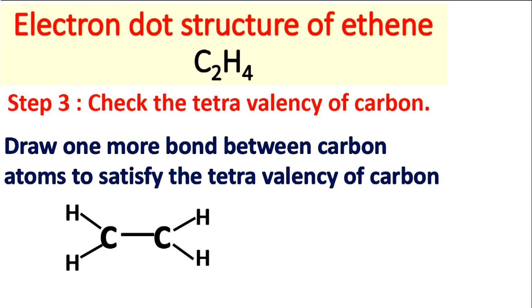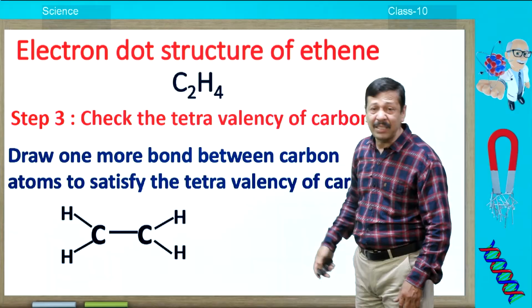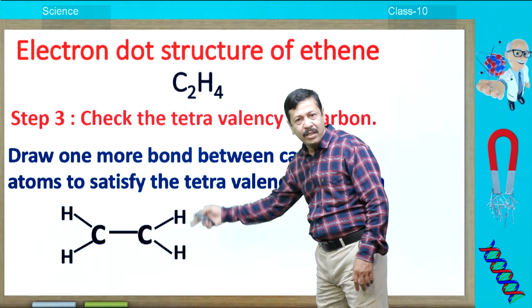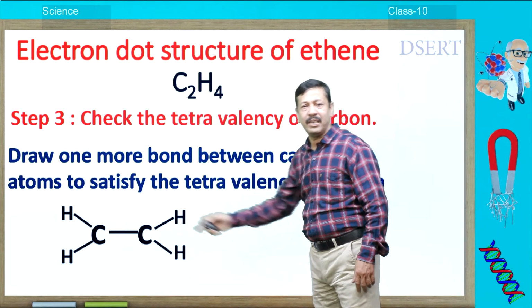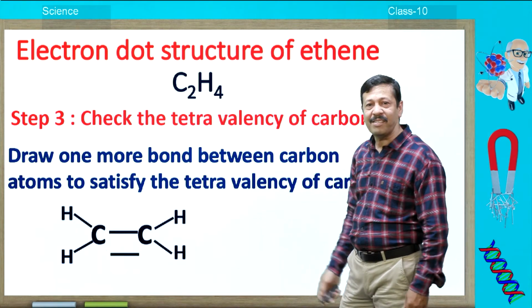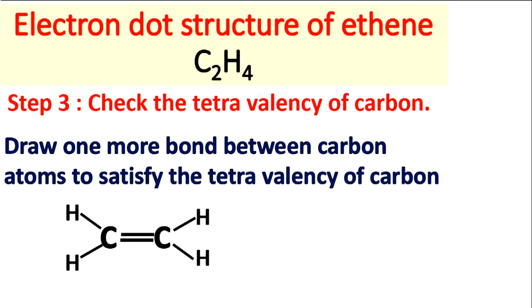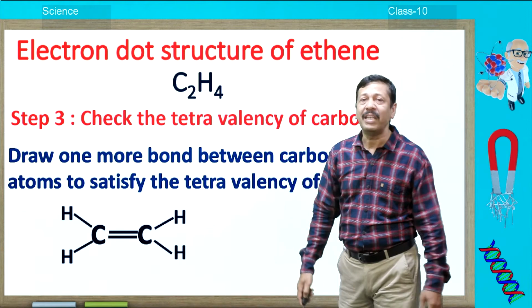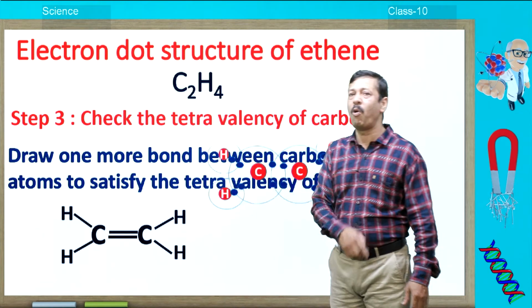Here you are seeing 1, 2, 3. Around each carbon, only 3 lines you are seeing here. So this is the third one. One more. Yes. Now count. Around each carbon there are 4 lines. This is how to write the structure of ethene, C2H4.